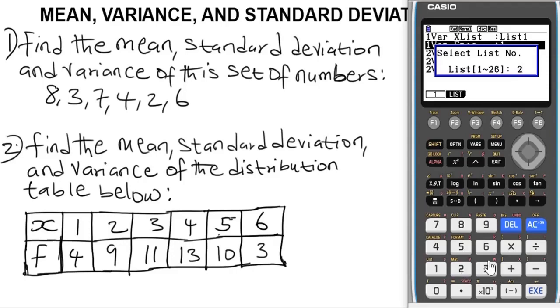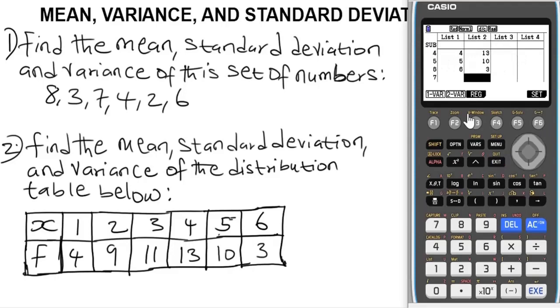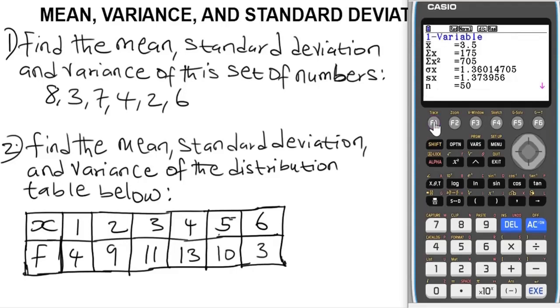Now we have done it. Press execute. We are good to go. Let's go back to the variable menu. Press F1 for one variable and you get the answer. We have the mean to be 3.5. We have the standard deviation to be 1.360147005. It's as simple as that, guys.